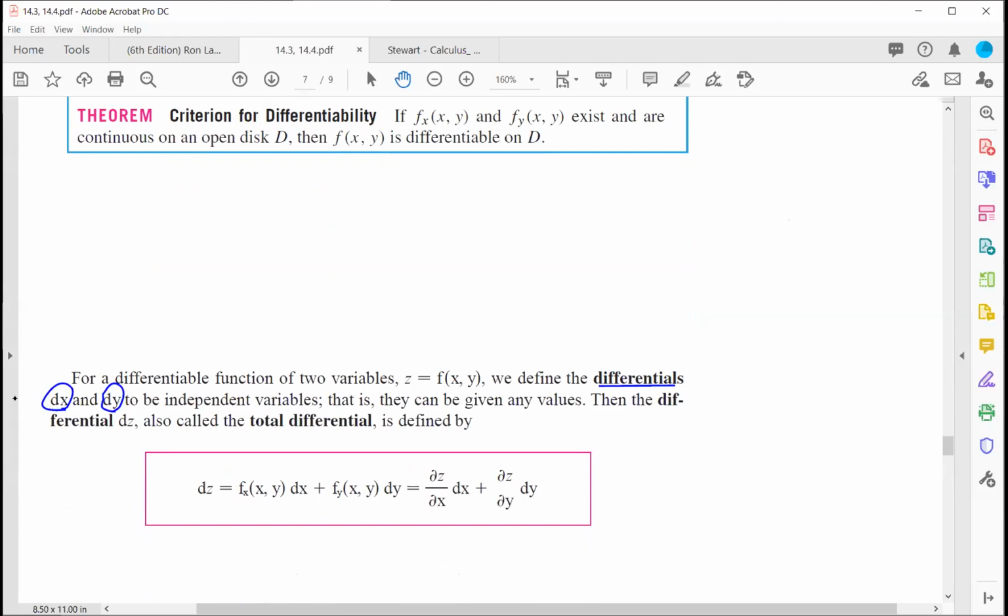They have directions, and they are independent variables, which means that you can define the differential of the function as a total differential dz equals partial derivative of f with respect to x times dx plus partial derivative of f with respect to y times dy.